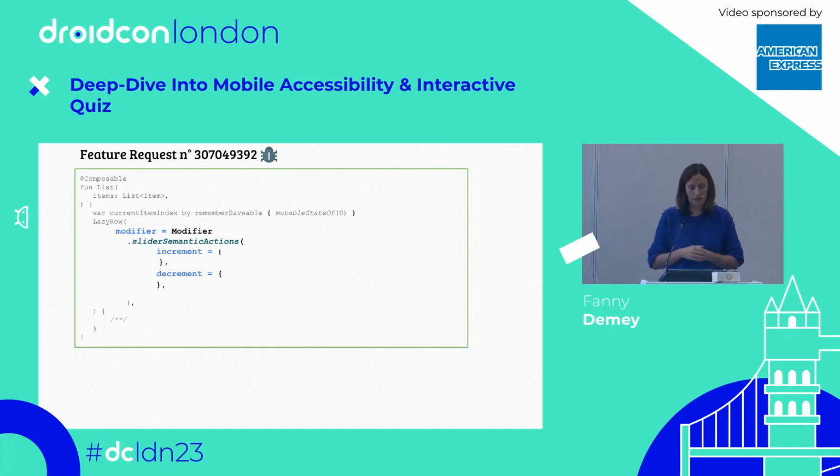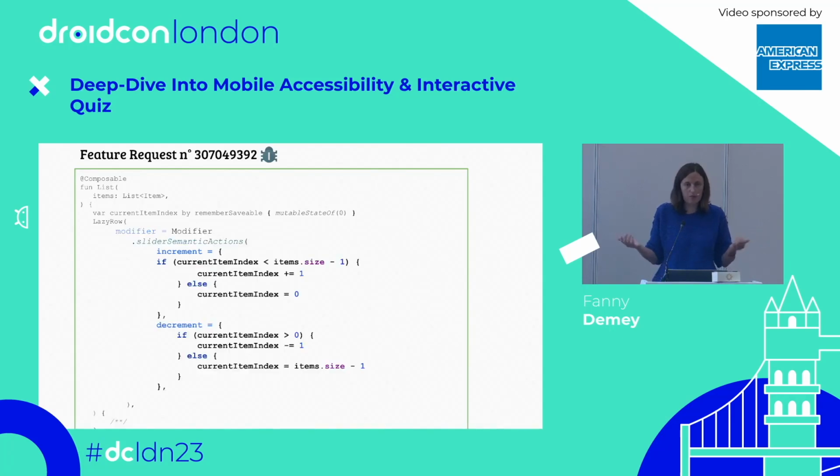We will have, for example, a slider semantic actions modifier with 2 lambdas, increment and decrement. And then inside, for example, we can change the value of a state that we have, increase it or decrease it, and even better, increment in a loop: when we are at the end, go back to the first element. Or we could also announce you are at the end of the list.